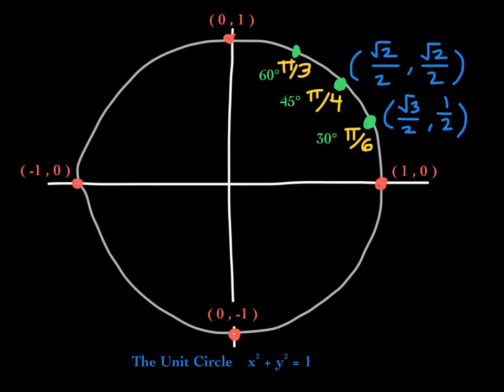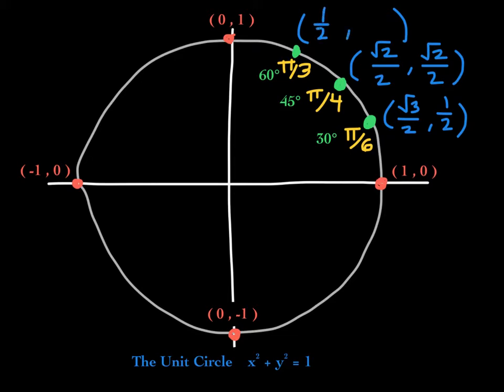Our next special angle is 60 degrees, or pi over 3, and this would be the arc that is intercepted on the unit circle by this angle here, and the point here on the unit circle, of course, has coordinates x, y, but the x-coordinate is cosine of s, which in this case is cosine of pi over 3, which we know is the same as cosine of 60 degrees, which is 1/2.